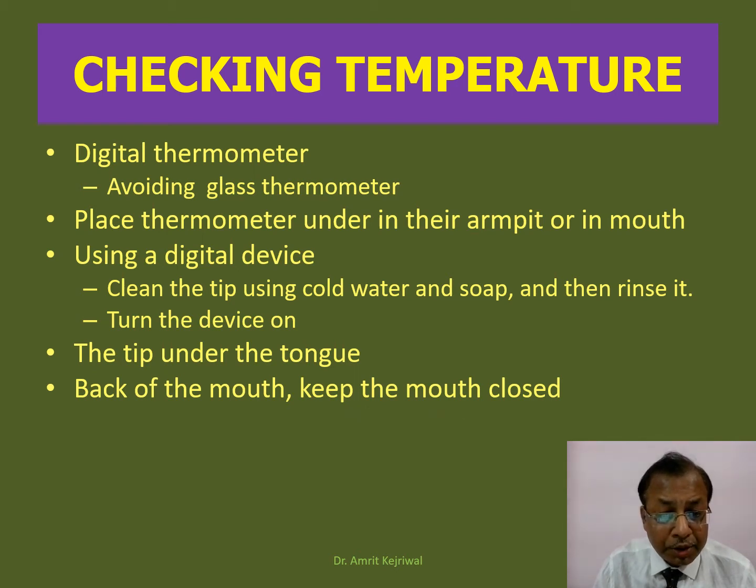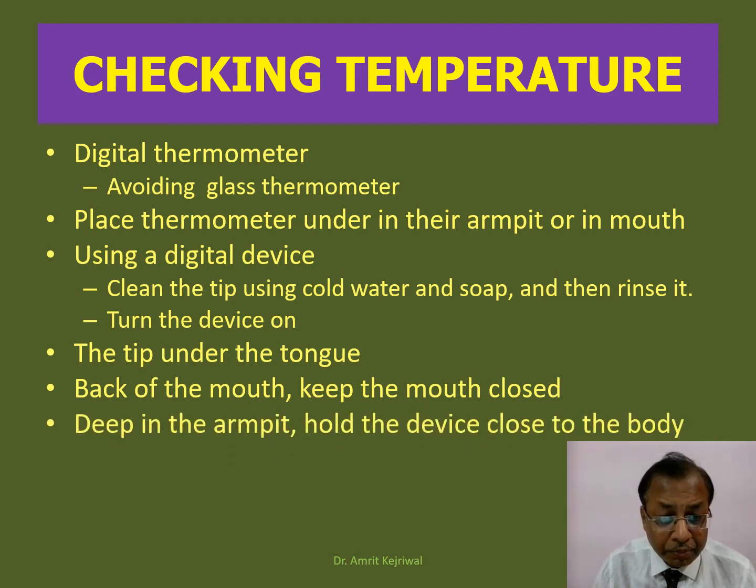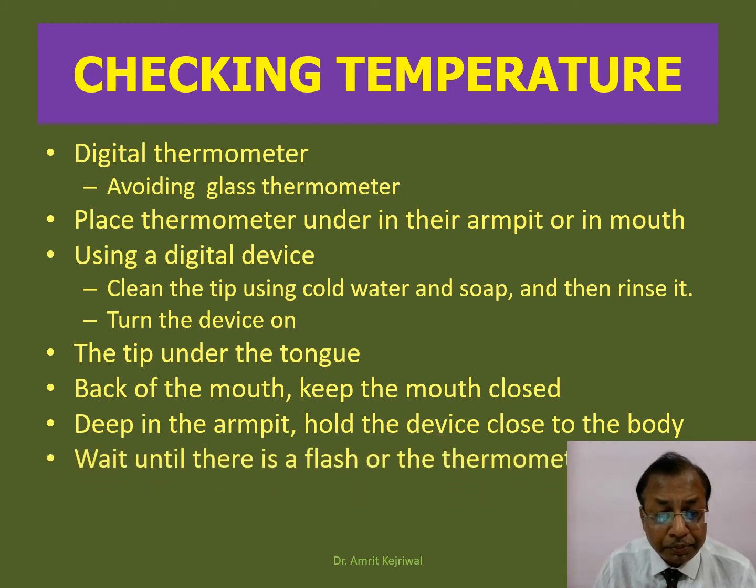Make sure that the patient hasn't had any cold or hot fluid in the last 5 to 10 minutes. And if you keep the thermometer in the armpit, then it should be kept very deep. Because sometimes if the thermometer is not kept properly, you will not get the accurate temperature in the armpit also, and the device should be held close to the body. And wait until there's a flash or beep from the thermometer, and then you take it out and read the temperature.